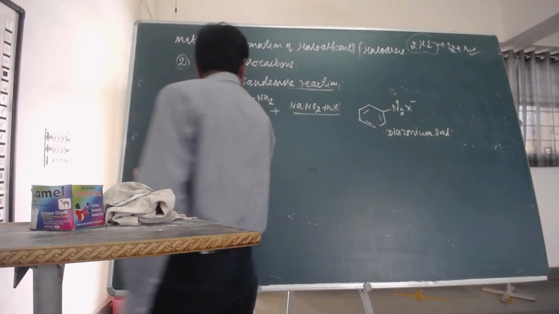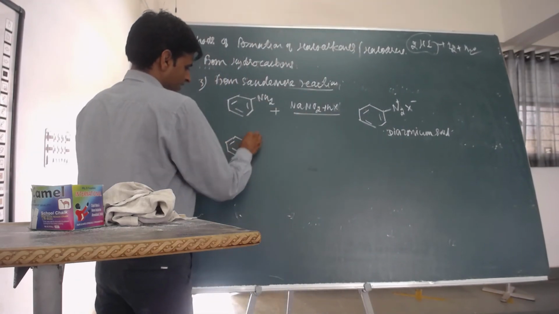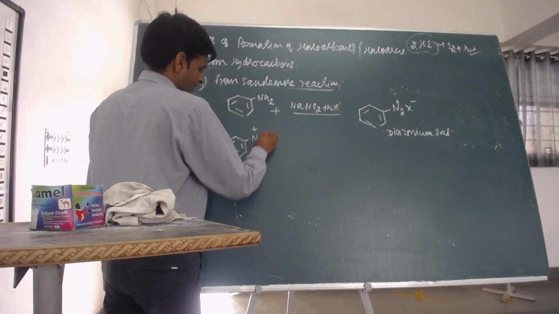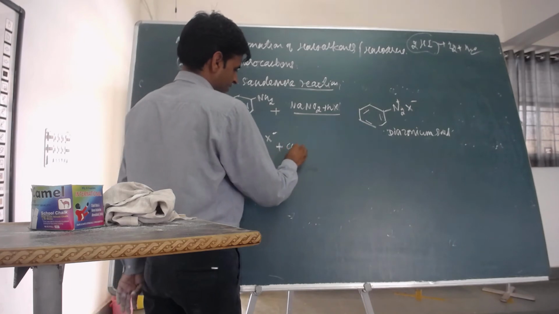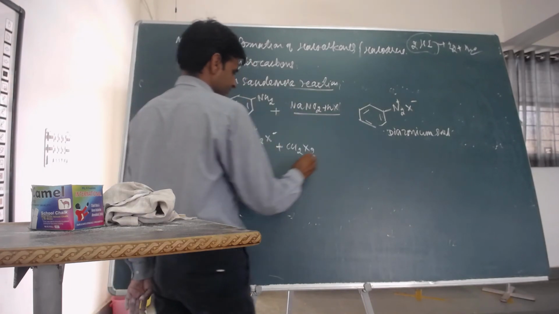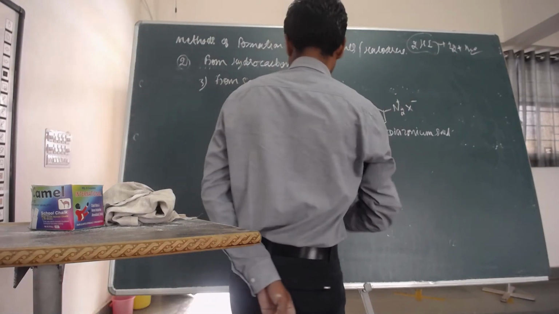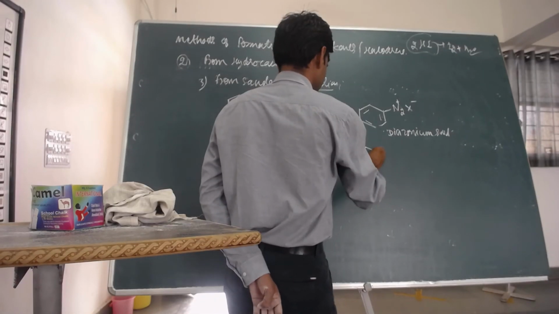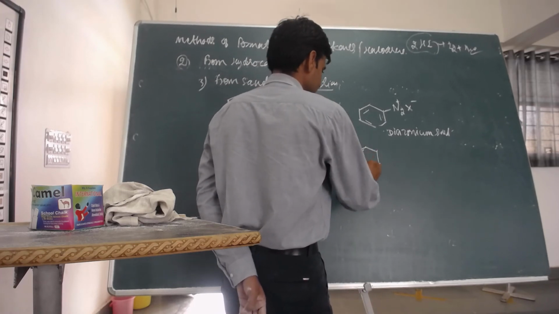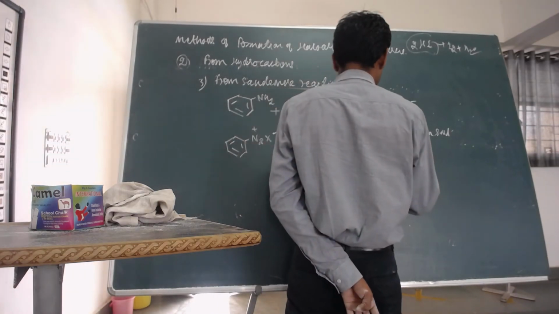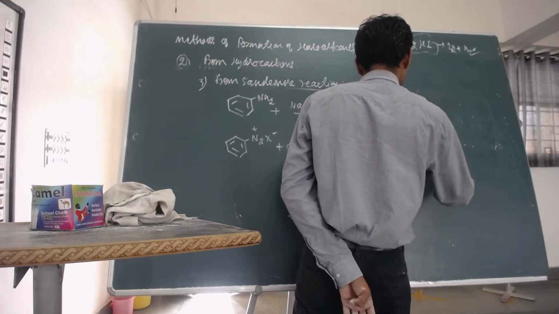In further steps, when the diazonium salt is treated with cuprous halide, then we obtain the aryl halide, plus N2 plus CuCl.